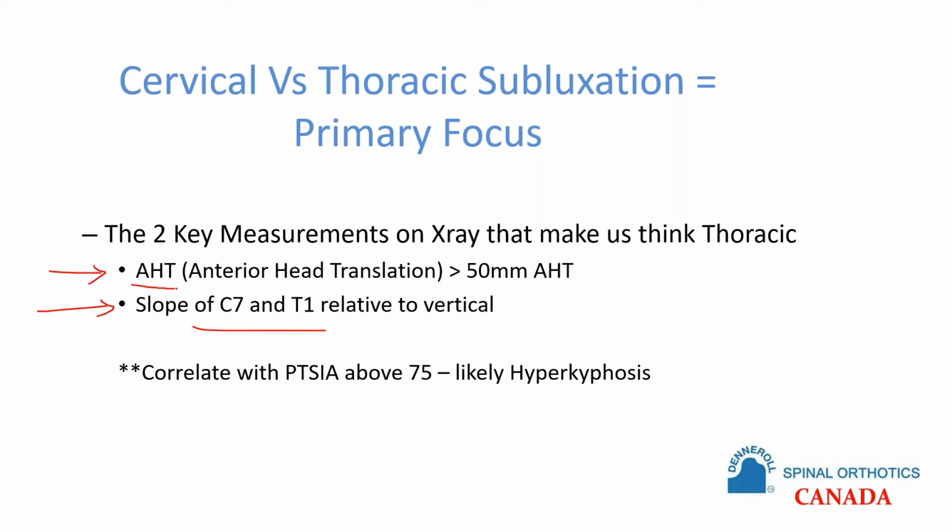So if I have a large anterior head translation, a high slope of C7 and T1 relative to vertical, and a pizza angle above 75 degrees, your spidey senses should be going off, and you should be assuming that this patient has hyperkyphosis, and you should be giving the patient a thoracic orthotic to lay on, because you will get better overall results with that patient.